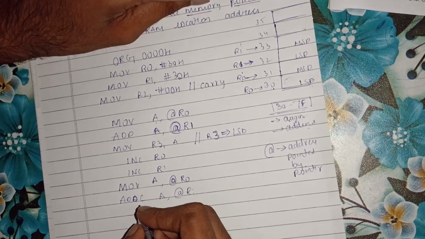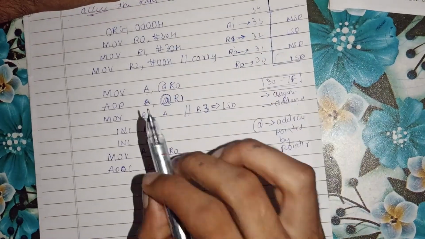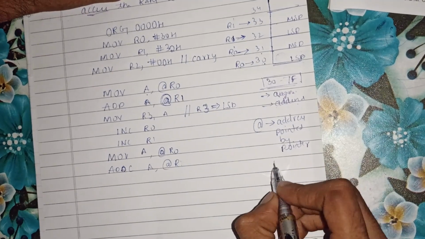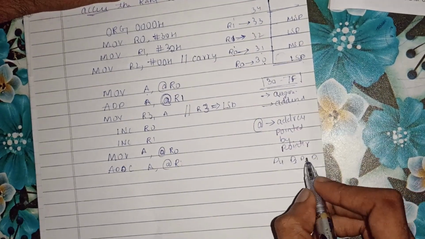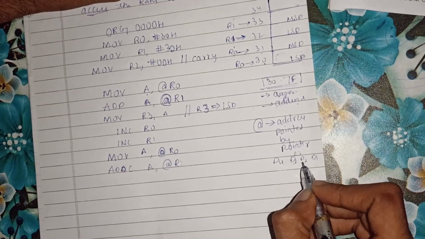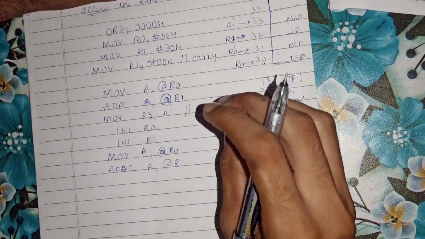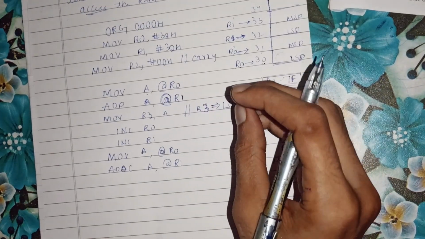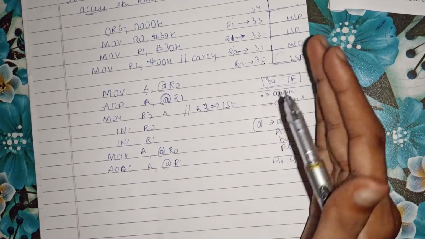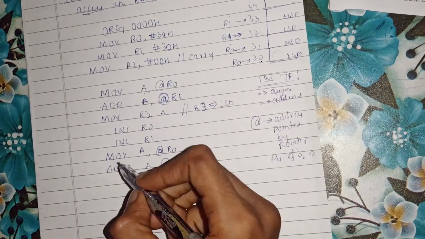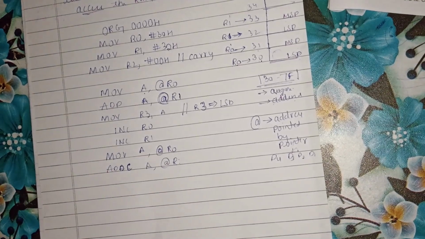What does this C represent? It means add along with the carry. Suppose there is a carry from your previous addition, say from D2 to D3. There is a carry flag in the 8051 microcontroller that indicates whether there is a carry from the LSB to the MSB, and that carry is taken care of by the carry flag.